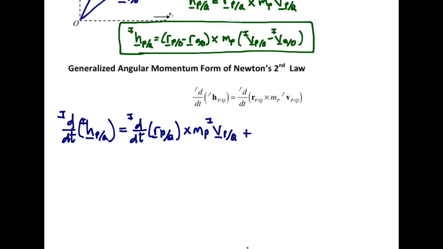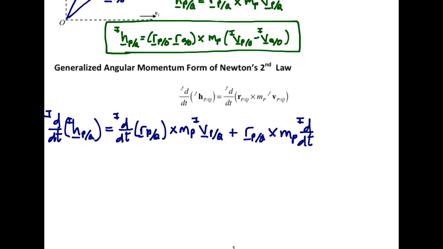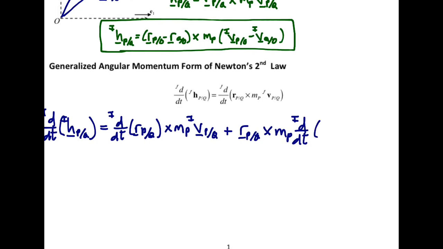And then this will be plus r of P with respect to Q crossed with, we can pull our mass out, our time differentiation of the velocity of P with respect to Q as observed in the inertial reference frame.